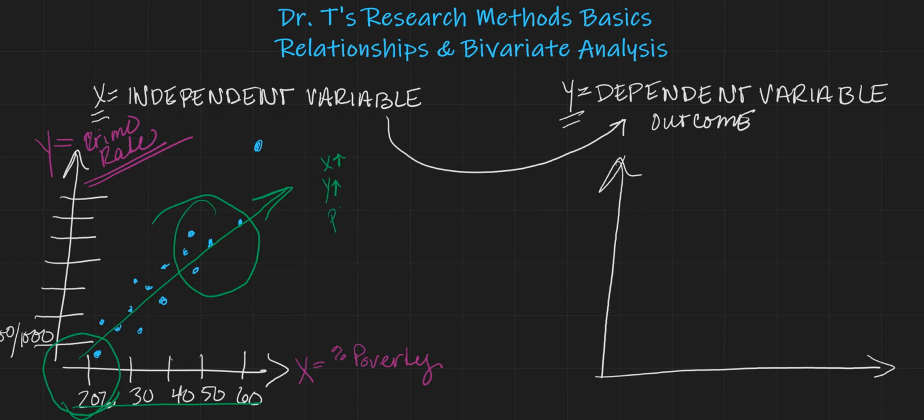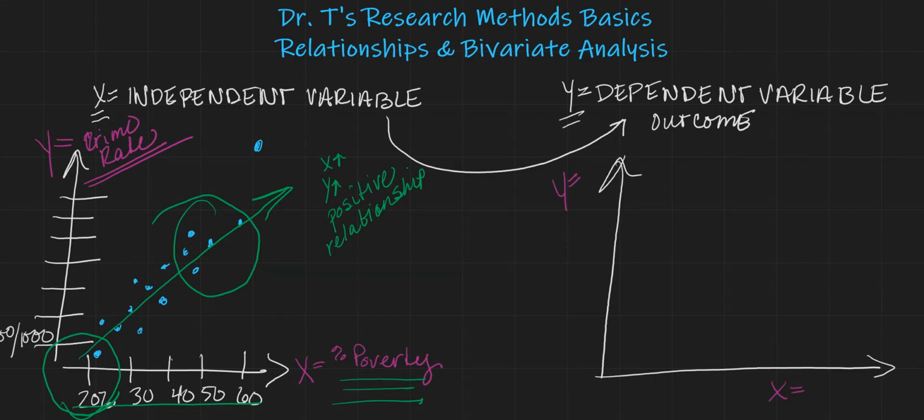So I would have a positive relationship between the percent poverty of a city and that city's crime rate. Now, we're not talking about cause. I cannot say that the percent poverty in a city causes a higher crime rate. There can be a multitude of things occurring. So I can't say it's causal, but I can say that there is a positive relationship.